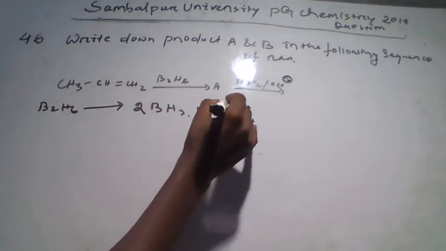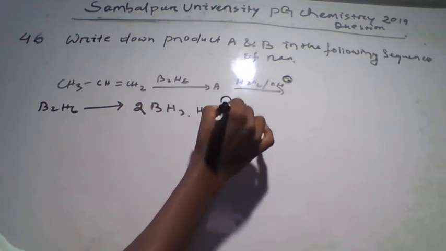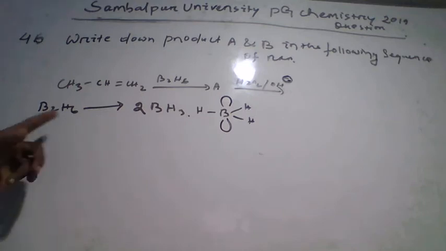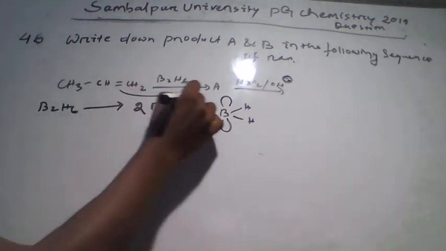This BH3 boron has a vacant orbital, and it acts as a Lewis acid, and it can attack this pi bond easily.